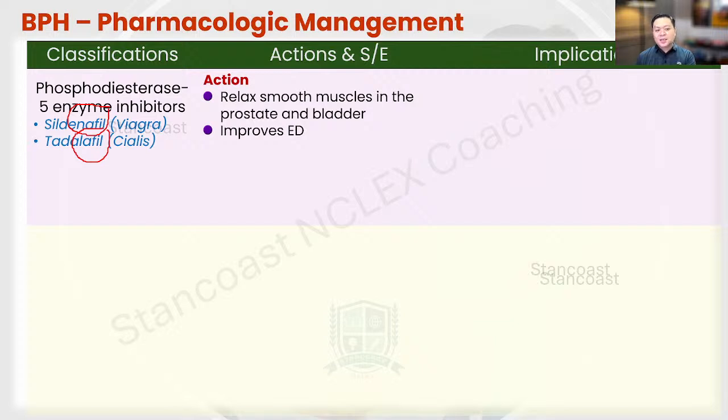But you have to be careful though, because some of these patients might end up with priapism, which is basically an extended period of erection. It could last for 24 hours. Some of these patients could have an erection for 48 hours, and it can cause ischemia in the penis.